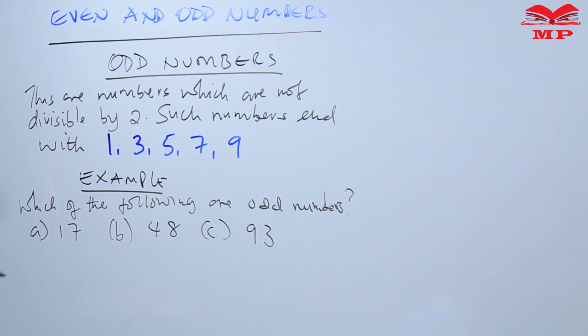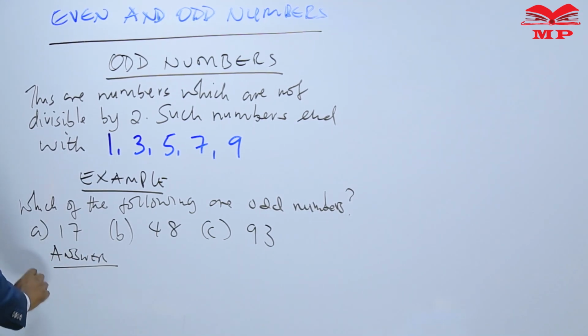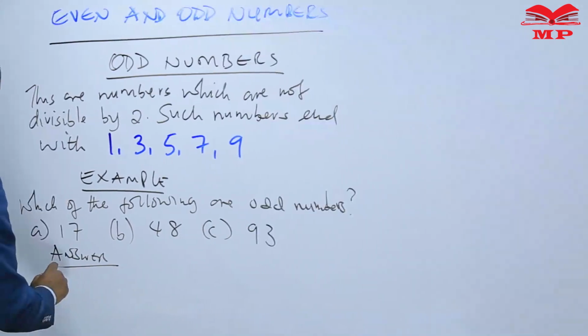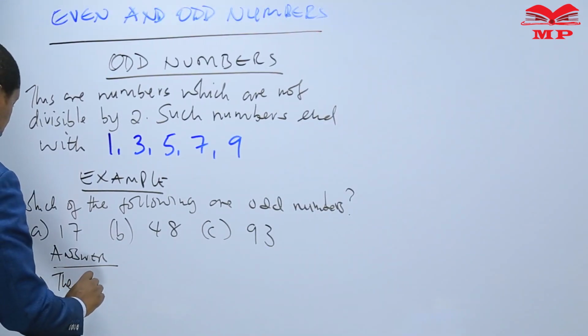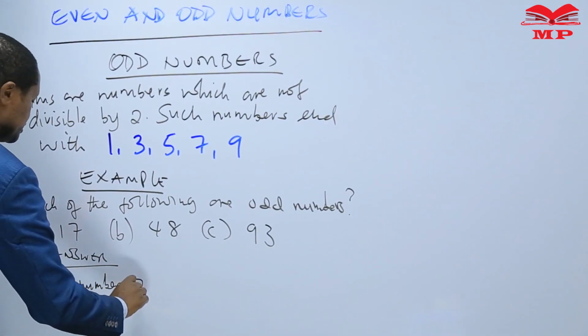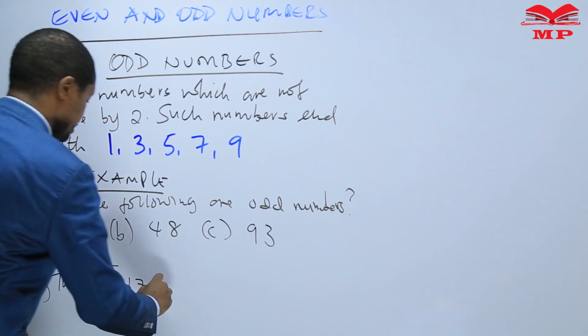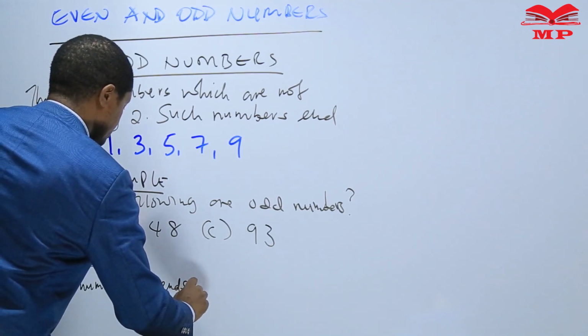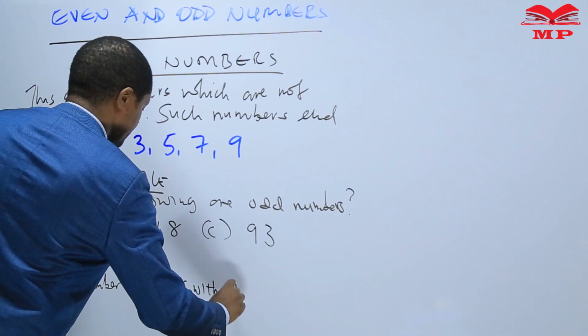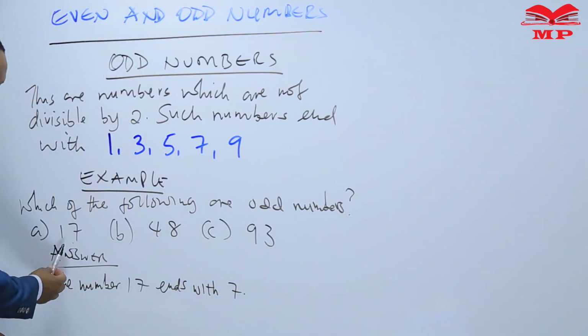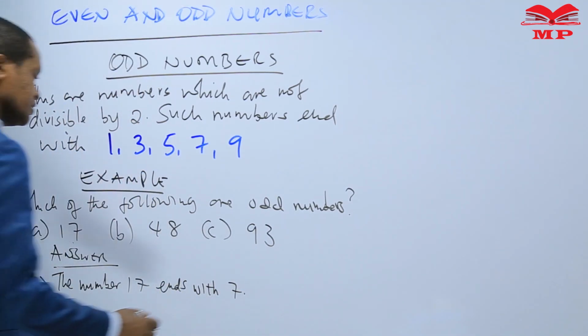Let's start with A. The number 17 ends with 7.